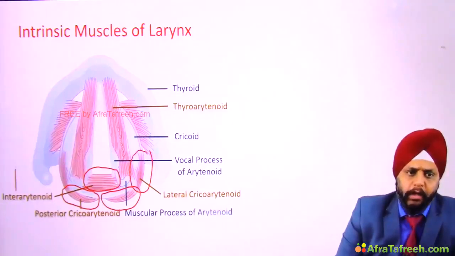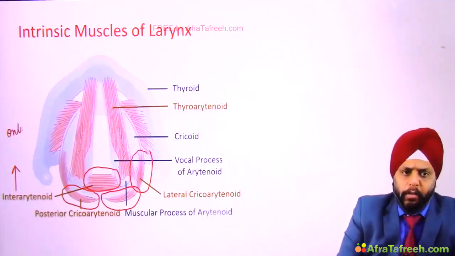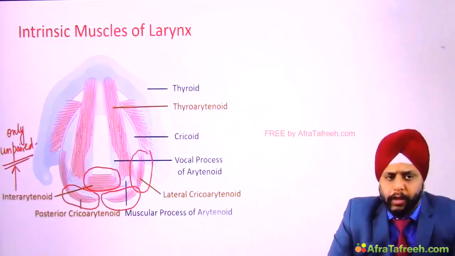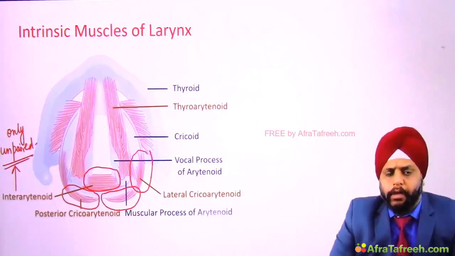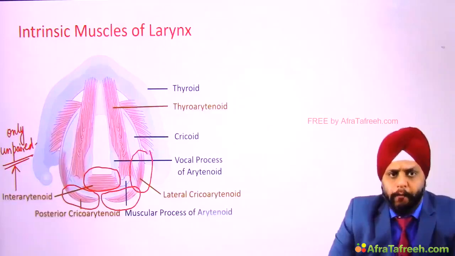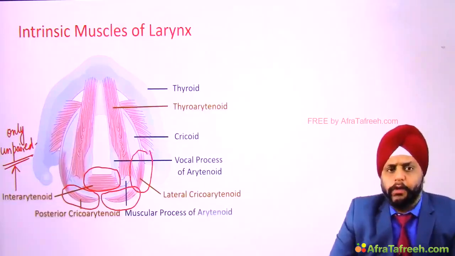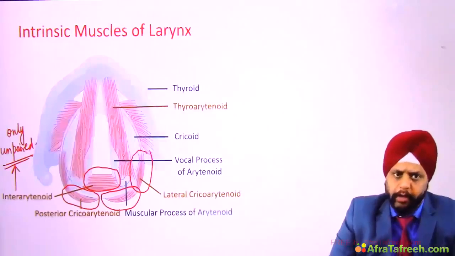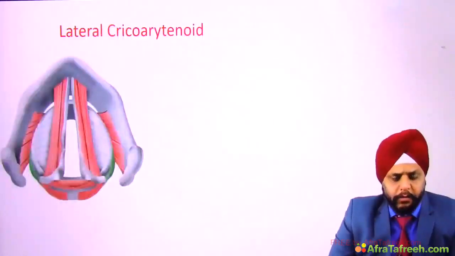As you can see, the interarytenoid is the only unpaired intrinsic muscle of the larynx. All right, now let us discuss each of these muscles and their functions one by one. Shall we?